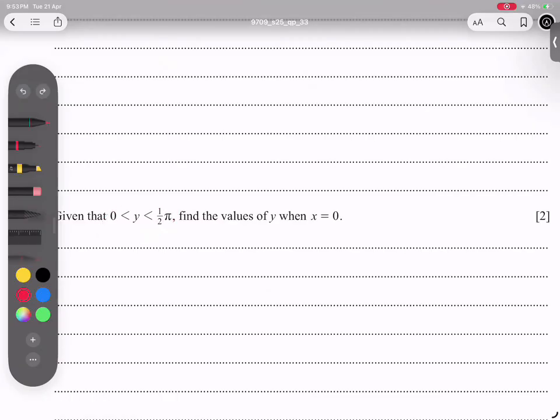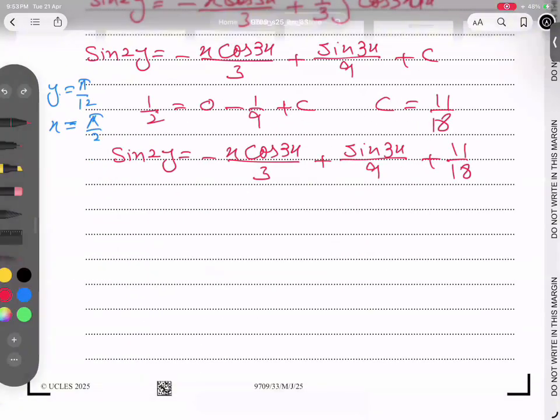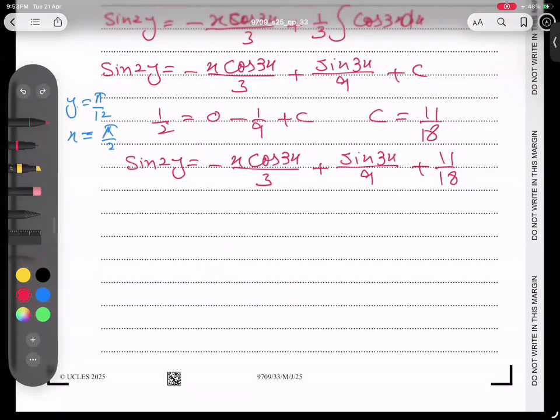Okay, I'm going to plug in x equals 0. When I plug in x equals 0, sine double y, and x is 0, so that part is gone, 0. And sine 0 is 0, gone, I got 11 by 18.